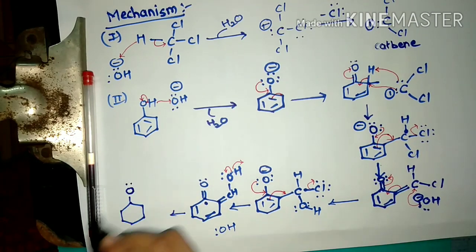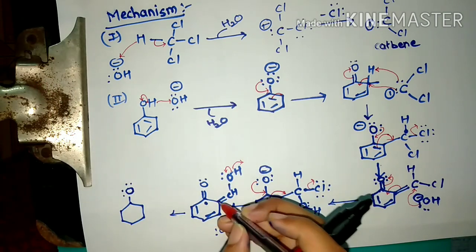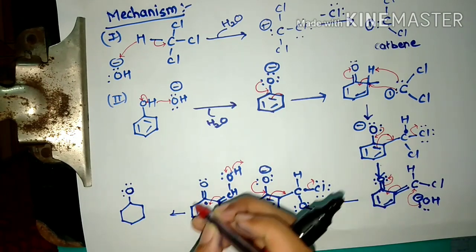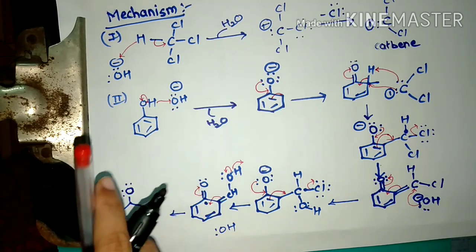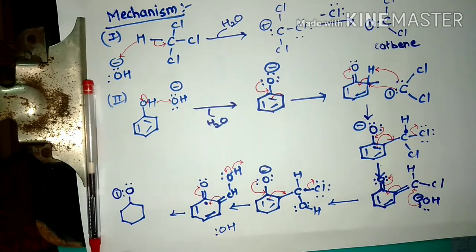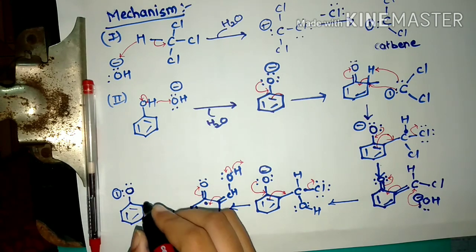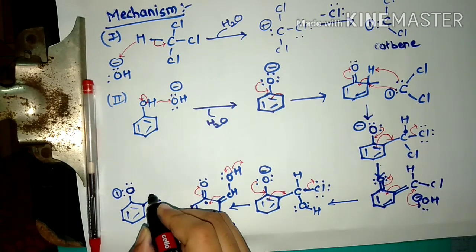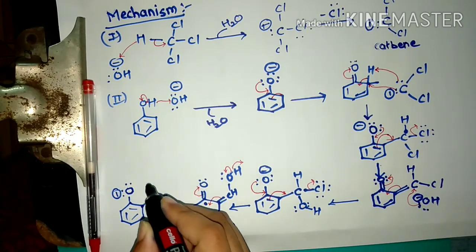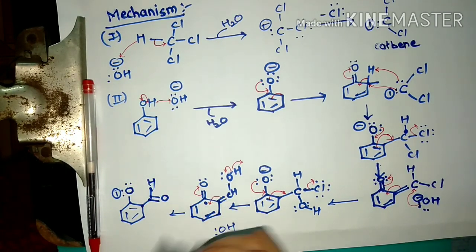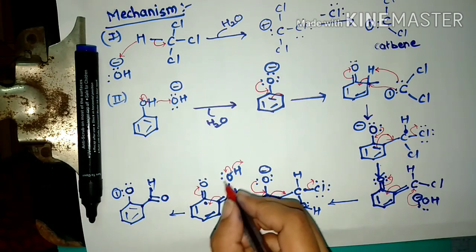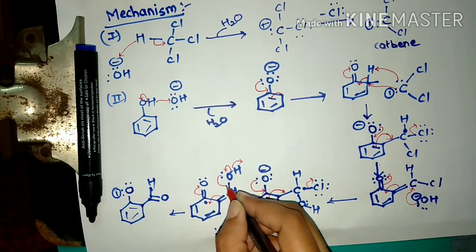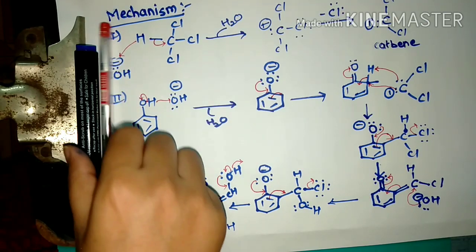Oxygen, this bond is shifted in the benzene ring, so it will get shifted over here, formation of a minus charge, this will become double bond O and H because of this shifting of electron in between this.